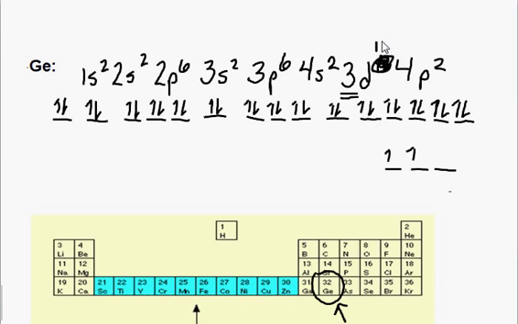It should be 3D10. Because we've filled this D block, which has 10 elements going across, or 10 electrons. And now I'm going back up an energy level, so this is back to 4, and it's 4P block, 2 elements over, so 4P2. So I filled my D block, I go down here, and I got 4P2.